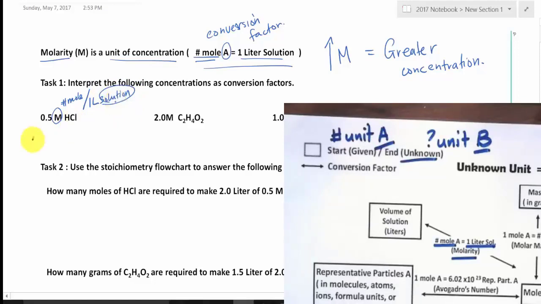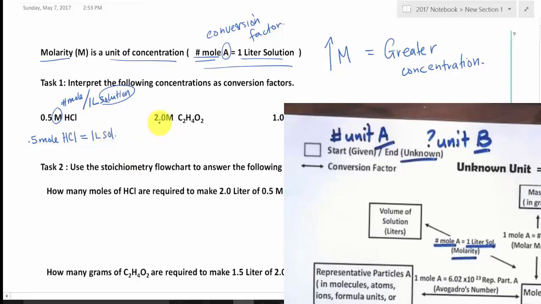Well, in this case, we have 0.5 molarity of HCl, so we have 0.5 mole. See right there? We just interpret it in this form. So mole of what? What's the chemical? Of course, HCl equal to what? Always equal to 1 liter of solution. And of course, we abbreviate solution as SOL. Isn't that easy?